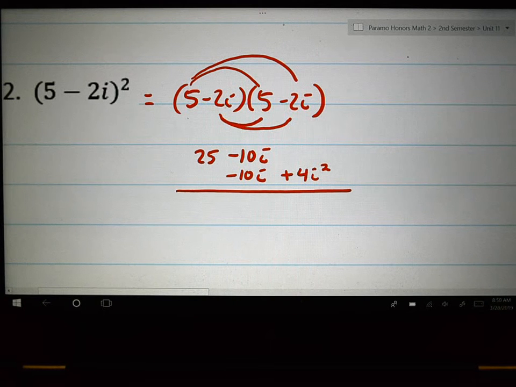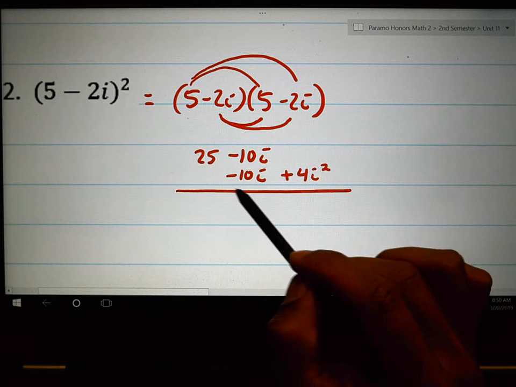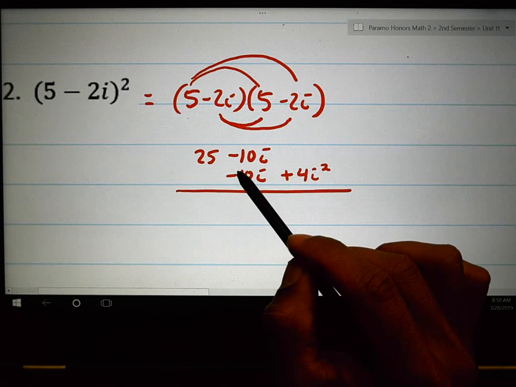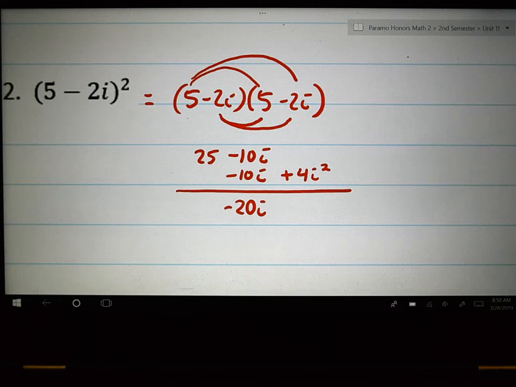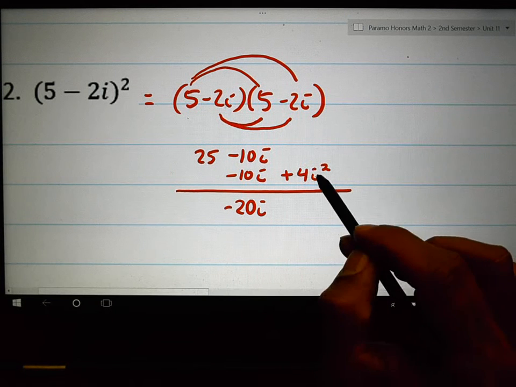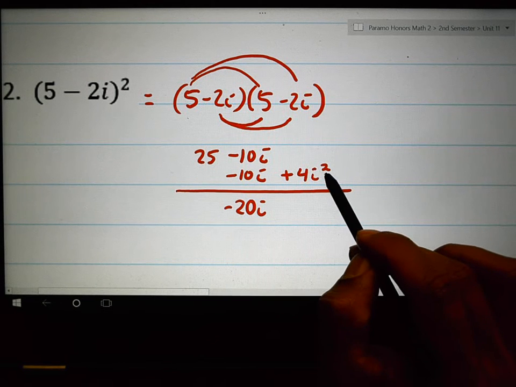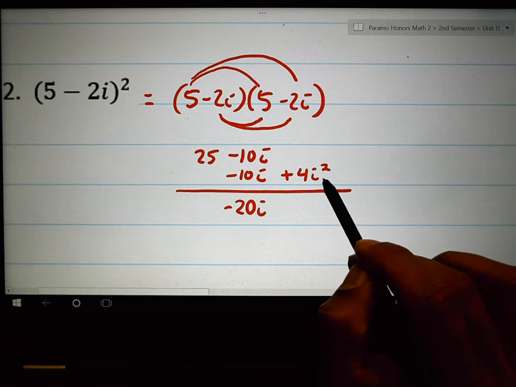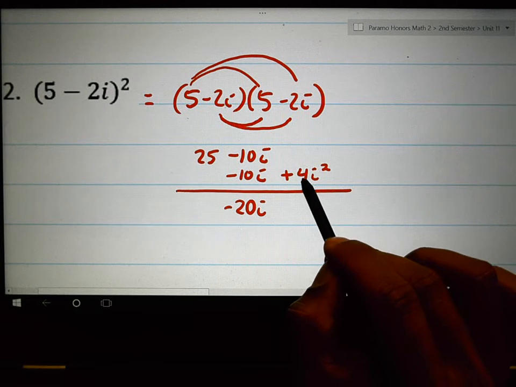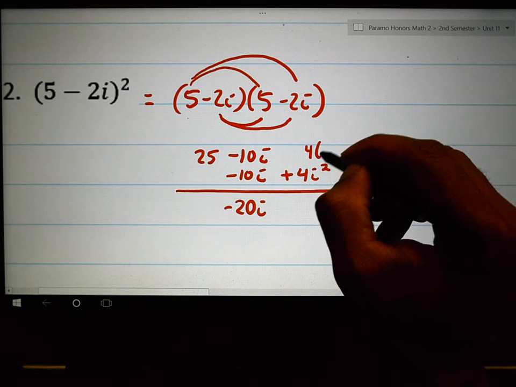So right now, these two things will go together. They're the same sign. They're both negative. They add to negative 20i. But something happens with this 4i squared. Anytime you get i squared, I told you earlier that that simplifies to negative 1. But what that means is it's 4 multiplying a negative 1.